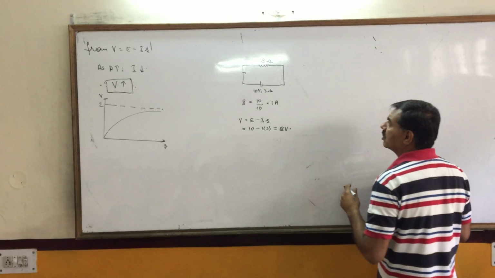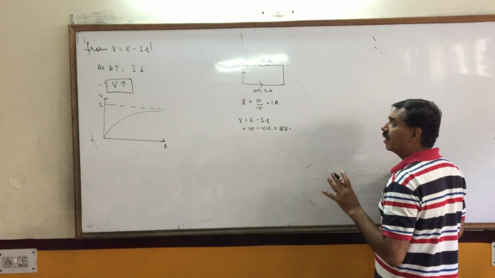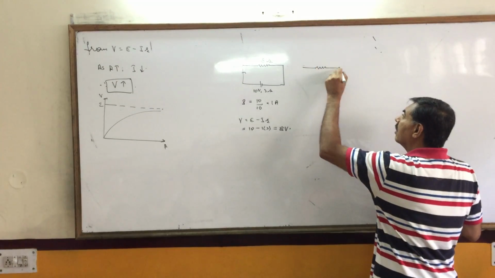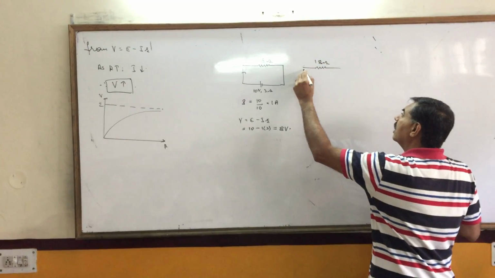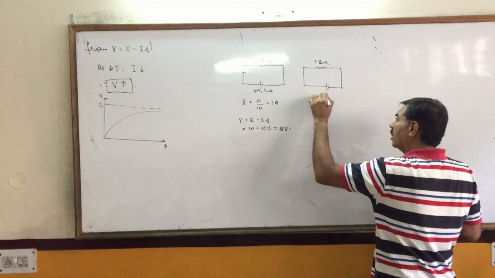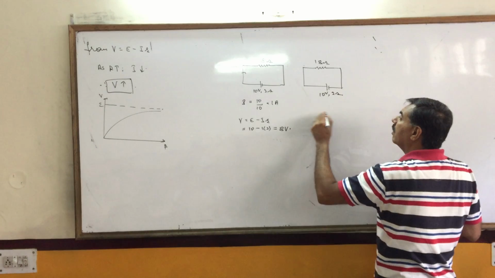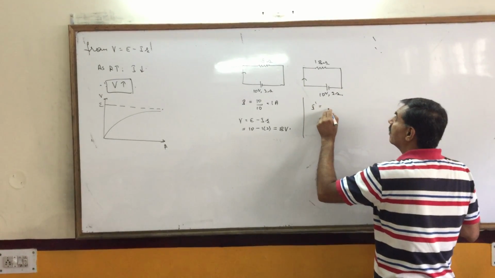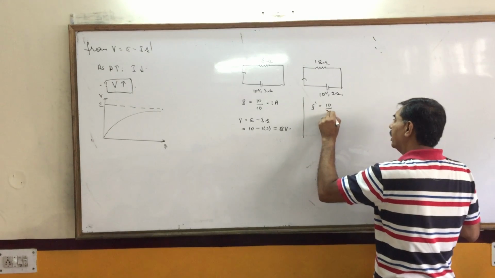डबल कर देते हैं लोड रेजिस्टर. 18 कर दूं? आसान हो जाएगा. दूसरी बारी ये 18 ओम कर दिया. ये 10 वोल्ट ही है, ये 2 ओम है. कितना आया? I is 10 by 20.